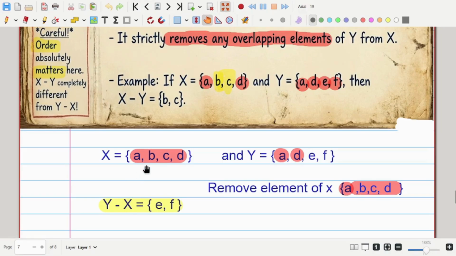Elements of X are A, B, C, D. So remove A. Remove B. Remove C. Remove D. Therefore, the elements that remain are E, F. So Y minus X is the set of E, F. Please understand here that X minus Y is a set of B, C and Y minus X is a set of E, F. These two sets are totally different because in set difference order matters.